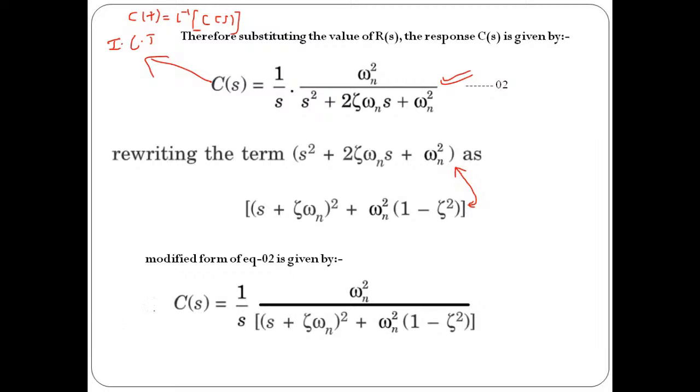If not, you can take pen paper, try to solve this equation on your own. You will get this as the modified version of equation number 2, which is C(s) equals 1 upon s, omega n square whole divided by s plus zeta omega n whole square plus omega n square in bracket 1 minus zeta square. That is important.